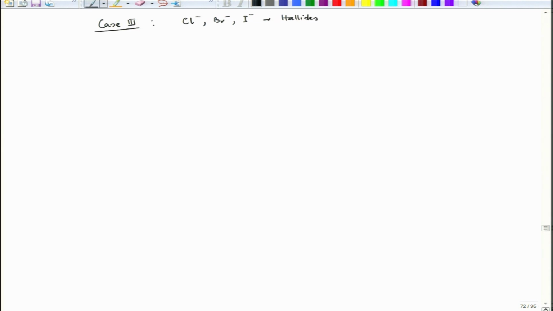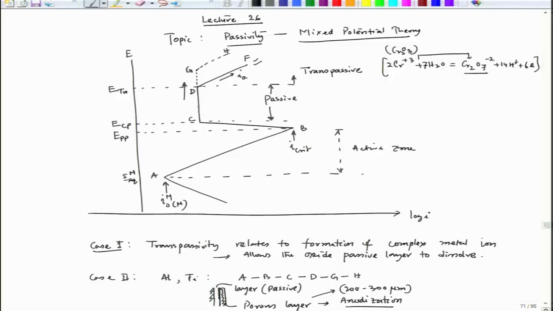If we have halides in the solution, then there could be breakdown of the passive layer, and it happens very early in the process. Like here we can have a breakdown at this point, at E breakdown, generally written in a small form EB.